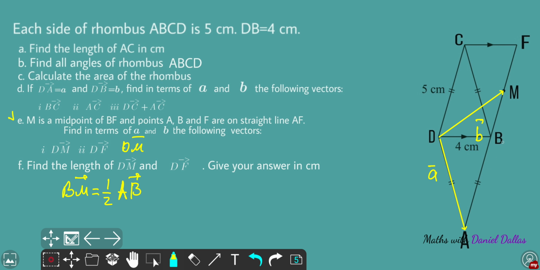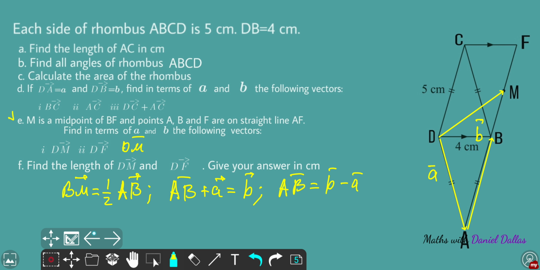Let's complete the triangle equation. So AB is there. If we add AB with vector A, according to the triangle rule, we'll get vector B, okay? So from here, we can see that vector AB is simply the difference B minus A.